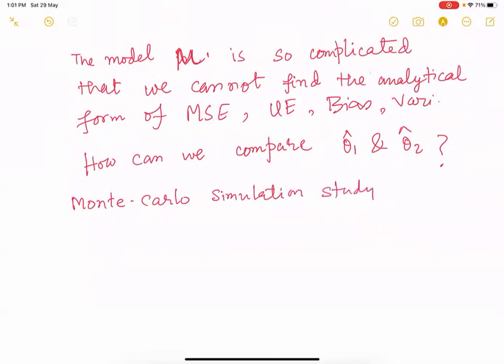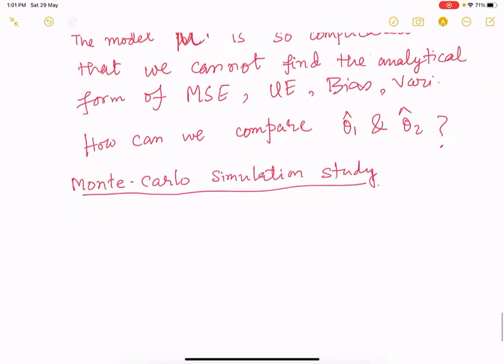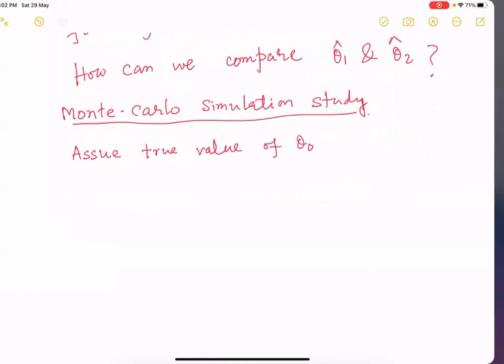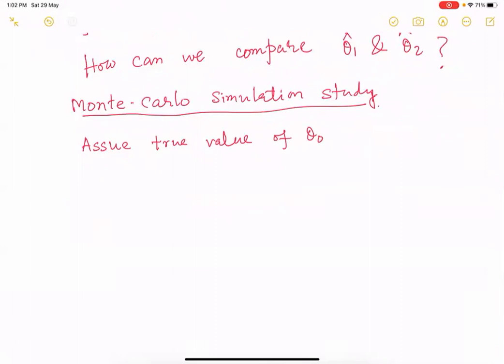Typically, what people do is assume some true value of theta, theta naught. So theta equals theta naught, and then given theta naught, you can simulate y1, y2, yn from this model.